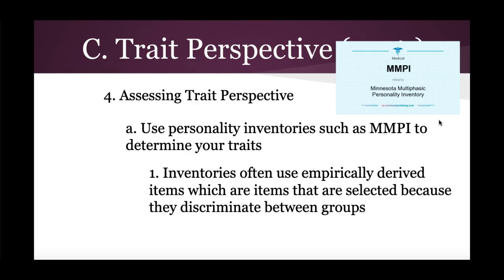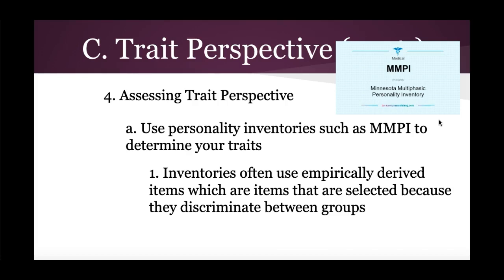Meaning, if you took the MMPI, they have had enough people take and answer those questions before that they know how someone who has a psychological disorder would respond versus somebody who doesn't, right?